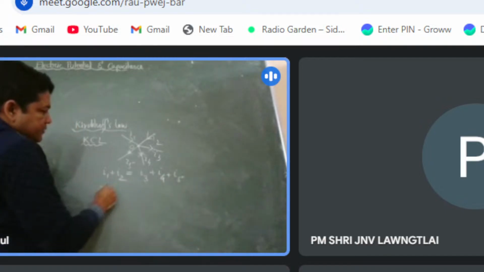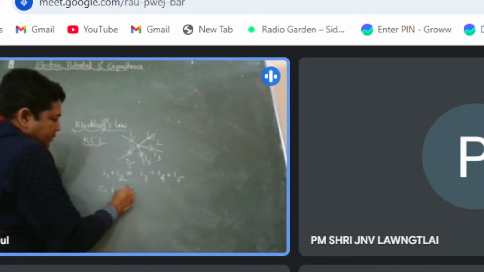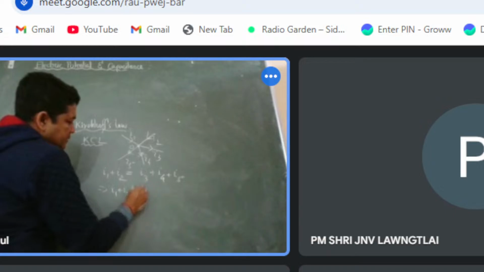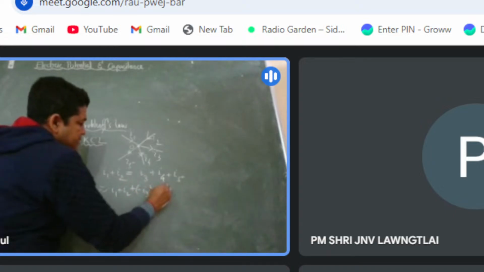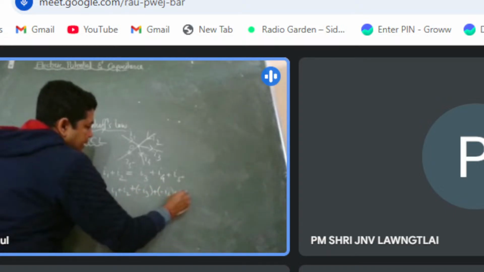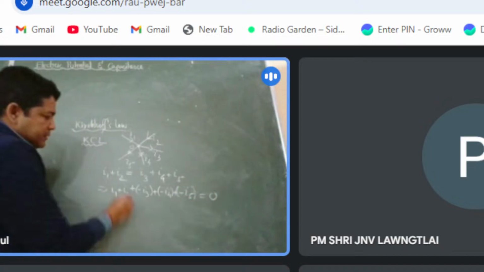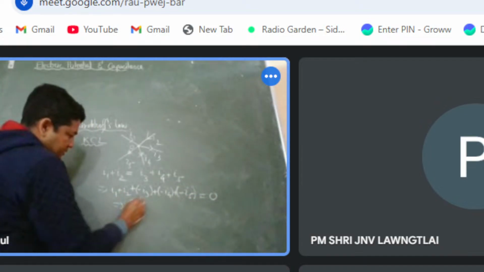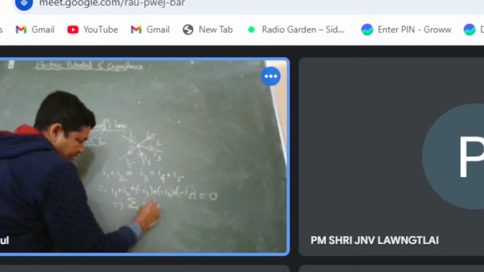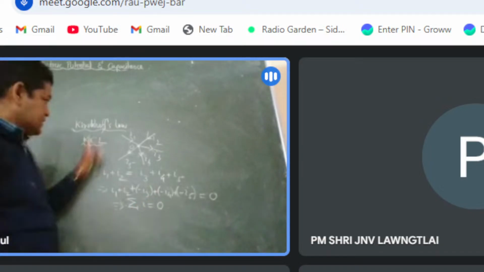So if I bring all these together, I1 plus I2 plus minus of I3 plus minus of I4 plus minus of I5, I can write like this. So the sum of all the currents meeting at a point is Kirchhoff's current law.